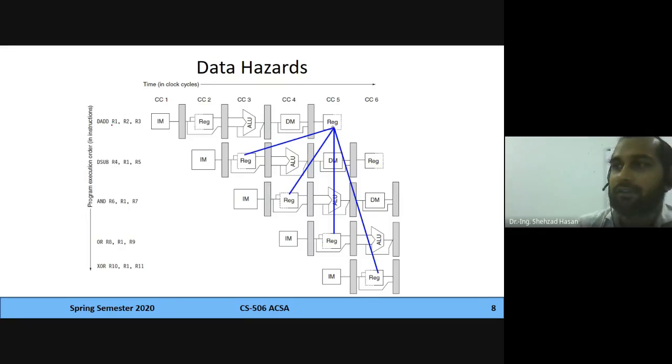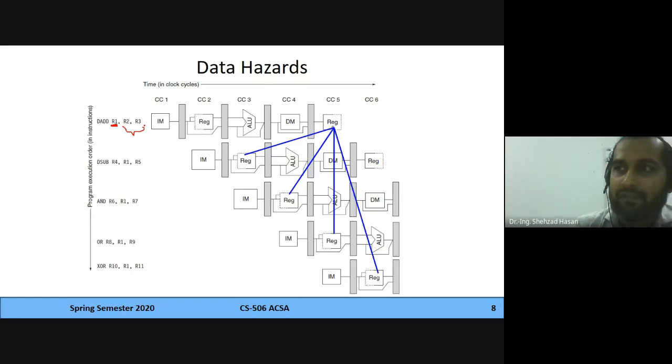Or in other words, are we really getting this value only from the register file? Are we really interested in the R1, or are we interested in the result? So that's the question. Do we have to read the register file, which contains R1, or are we interested in the result R2 plus R3 to proceed?